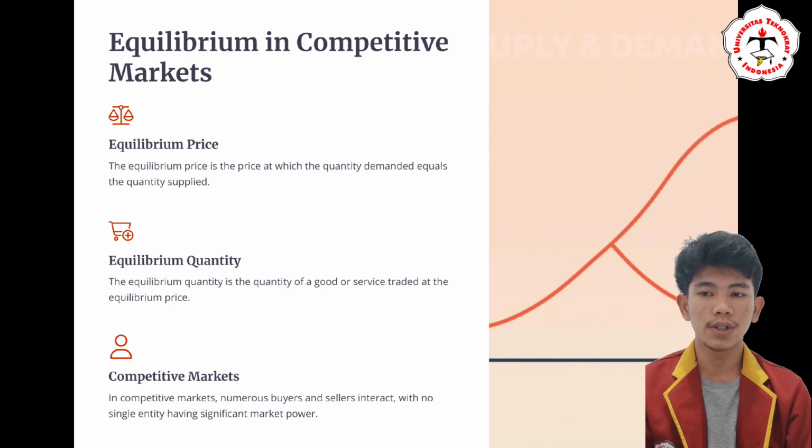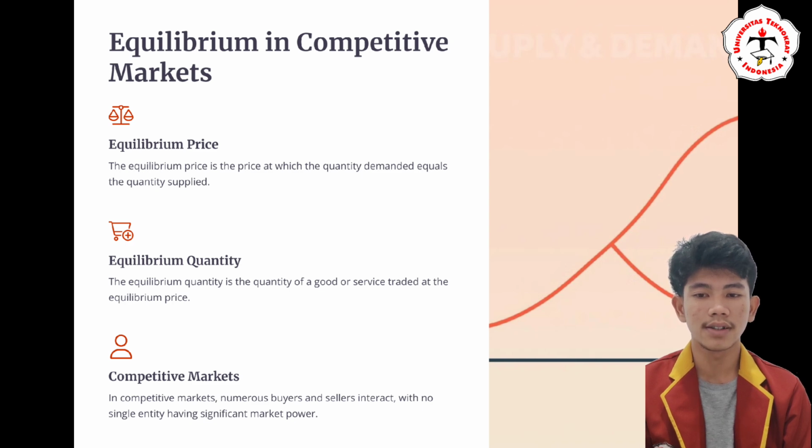The equilibrium quantity is the quantity of a good or service traded at the equilibrium price. Competitive markets. In competitive markets, numerous buyers and sellers interact, with no single entity having significant market power.